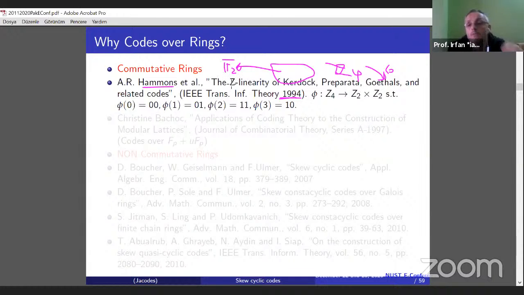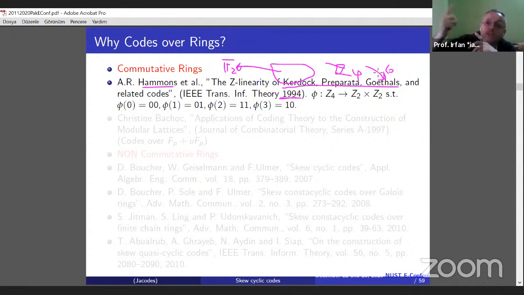So what was good? We have linear and nonlinear codes, but nonlinear codes do not have the structure. And the very famous nonlinear good codes, Kerdock, Preparata, Goethals, and some others, are shown here to be images of linear submodules over Z4. That's interesting. So you go up somewhere, you have a nice structure, you pull it down, no structure.